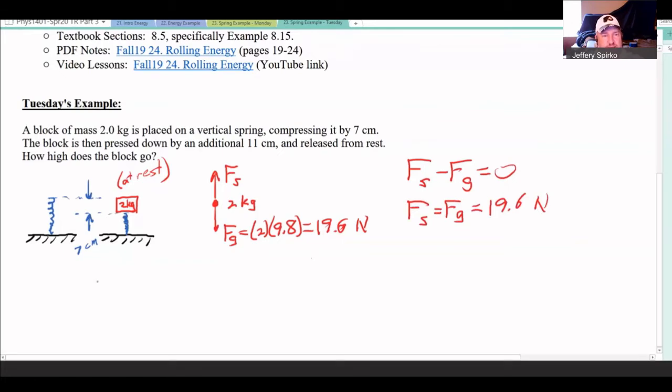The way springs work is the magnitude of their force is proportional to the magnitude of their stretch or squish.